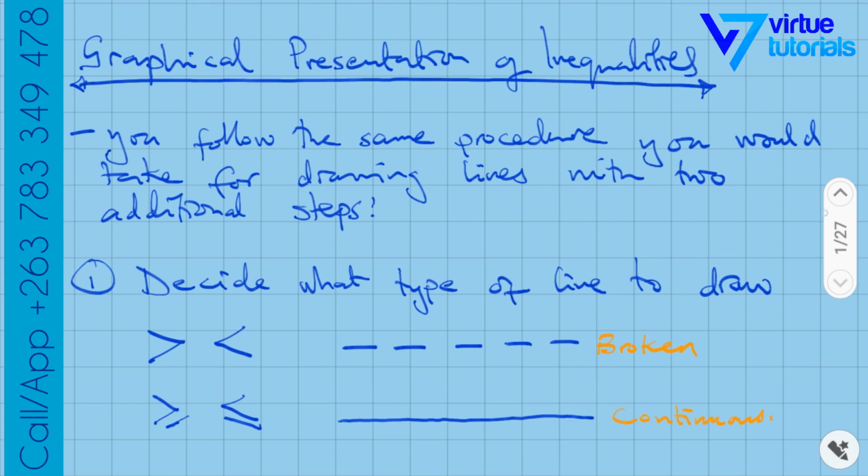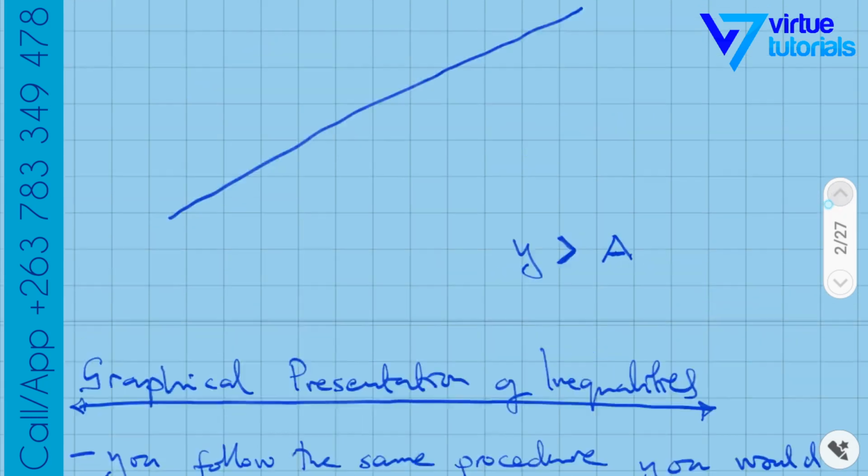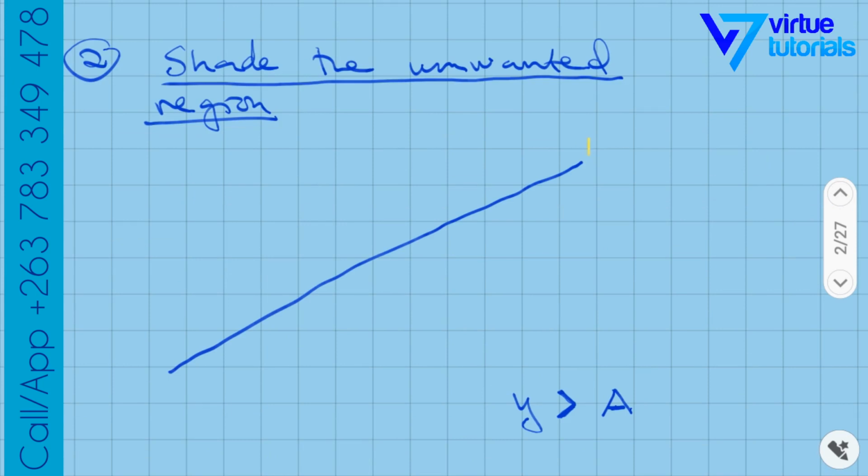After you follow all the other procedures that pertain to lines, we're going to go through all of them. The next thing is you shade the unwanted region. So if your inequality has a y, as we are seeing here, and it says y is greater than a, when you look at your line, the region above the line is greater, and the region below the line is less.